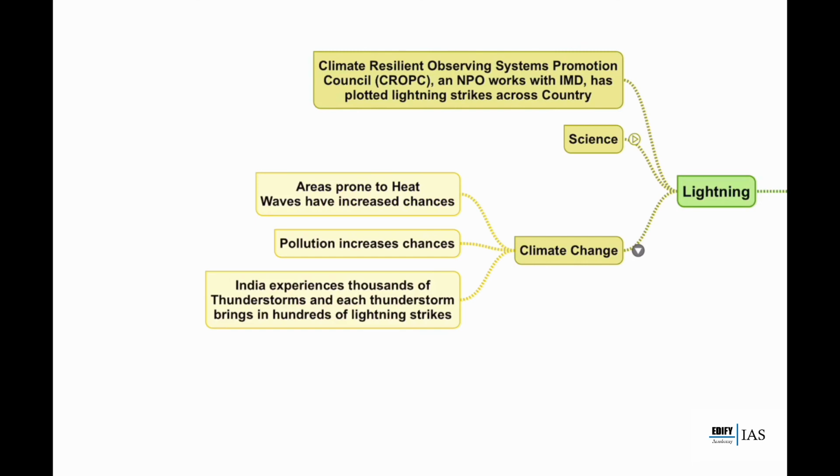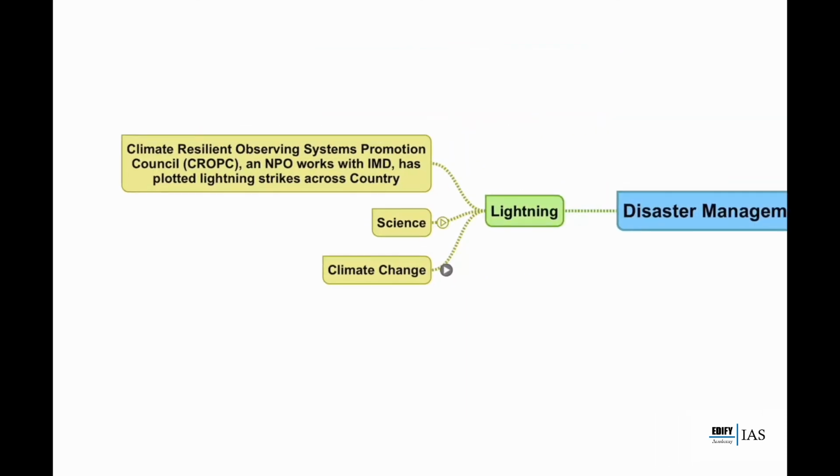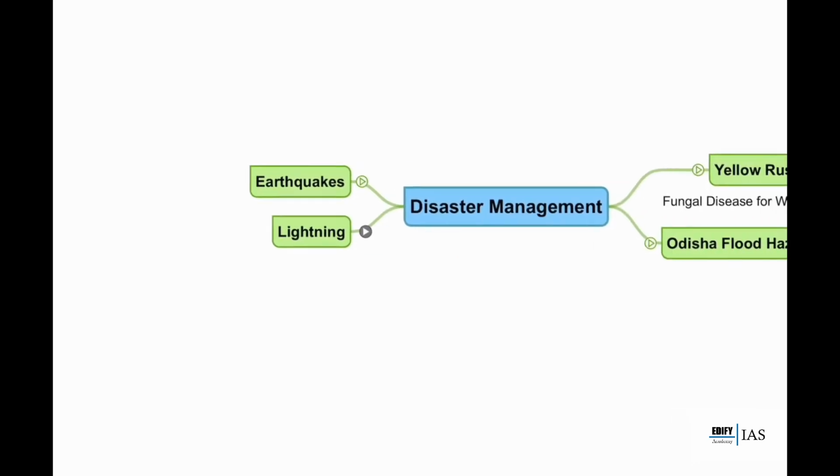The water droplets condense onto this particulate matter, and water droplets condensing create rain, and hence you can have higher chances of thunderstorms. India experiences thousands of thunderstorms, and each thunderstorm brings hundreds of lightning strikes. So all of these climate factors together make lightning a very formidable disaster.